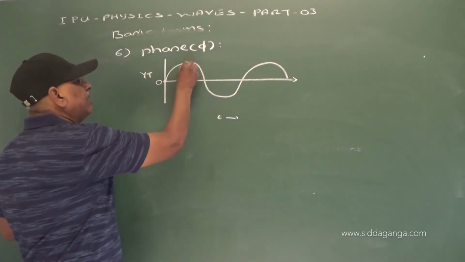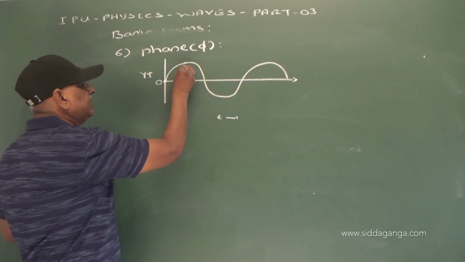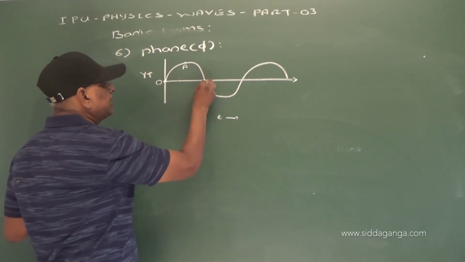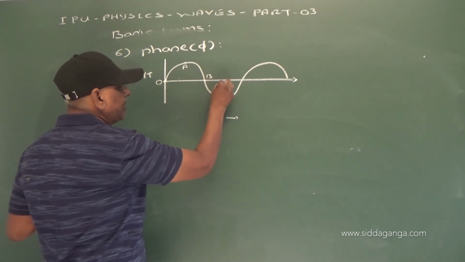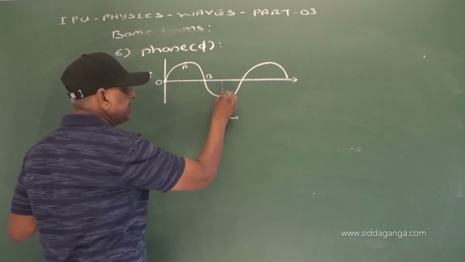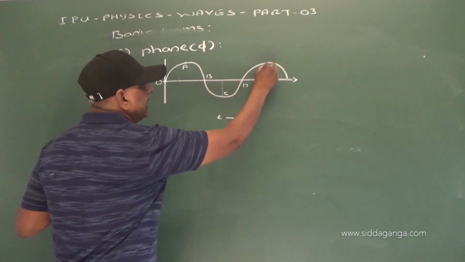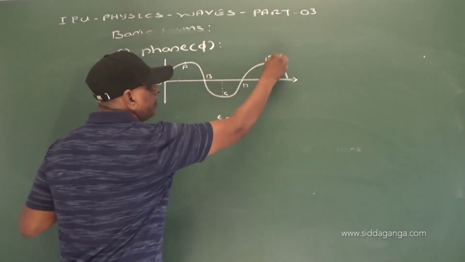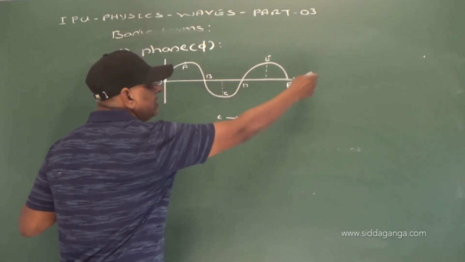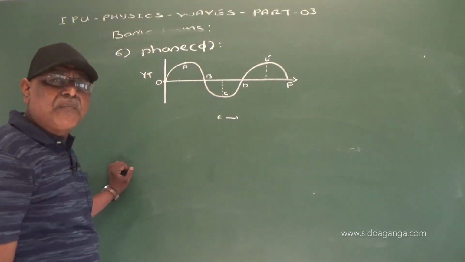Here we have a particle at A, particle at B, particle at C, particle at D, particle at E, particle at F, and so on. There are a number of particles.